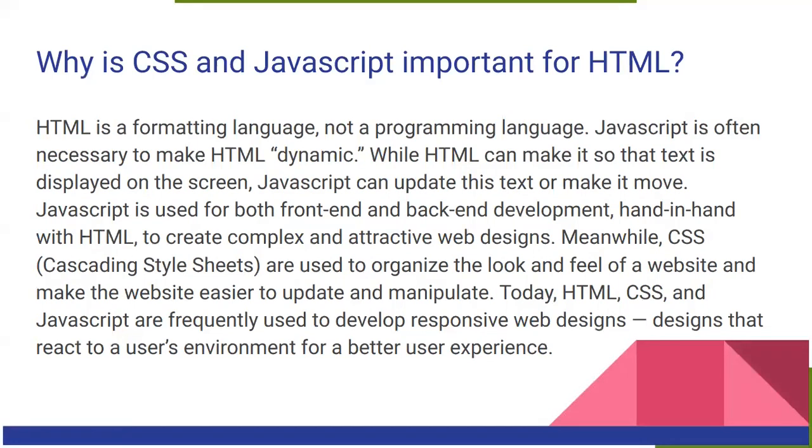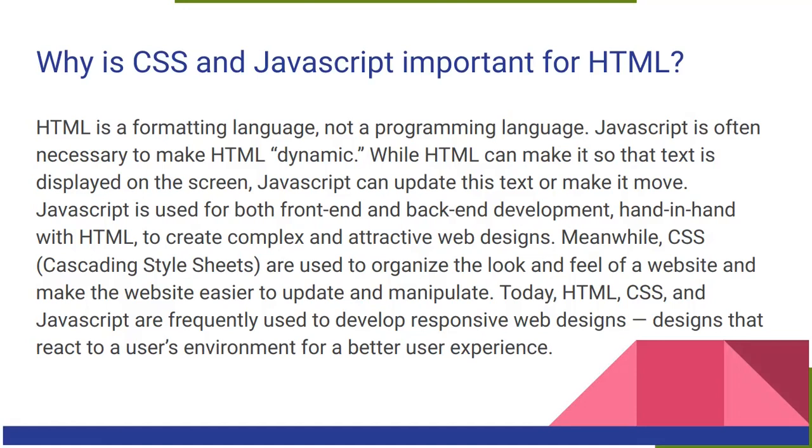While HTML can make text display on the screen, JavaScript can update the text, or it can animate something interactively in the front end. That is the purpose of JavaScript. So we should think about how to leverage JavaScript dynamically in our pages.